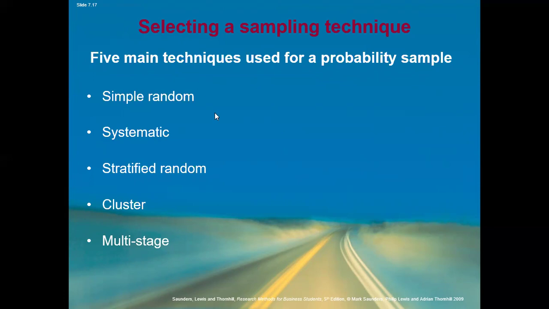Hello. Shall we move? Actually, under the probability sampling methods, there are five techniques: simple random, systematic, stratified, cluster, and multi-stage.